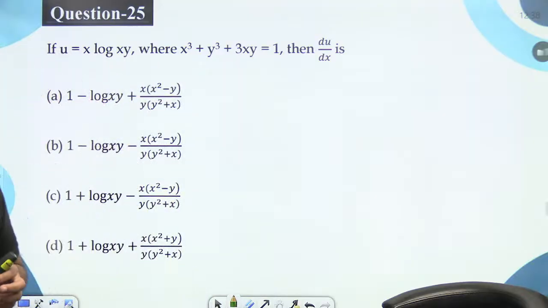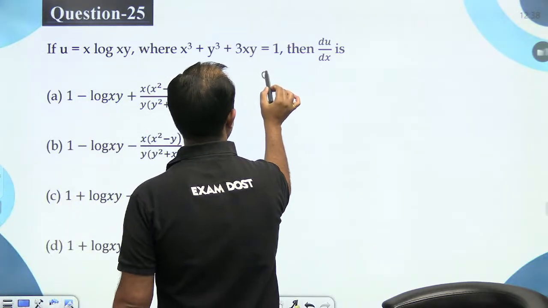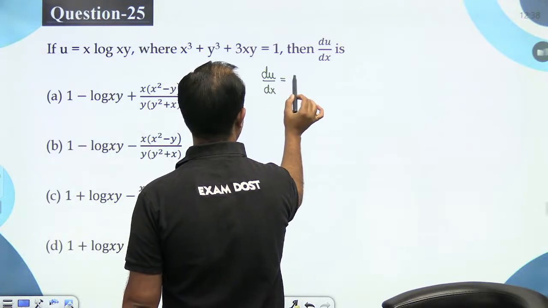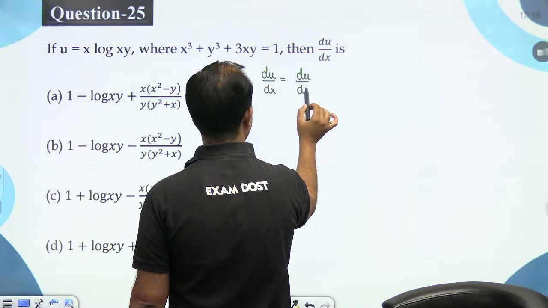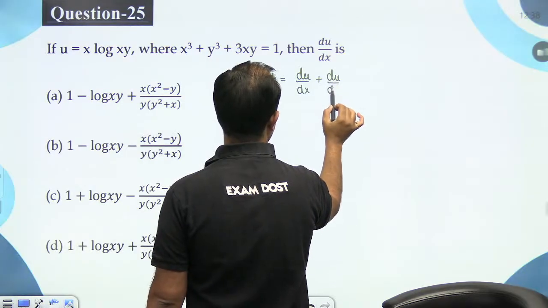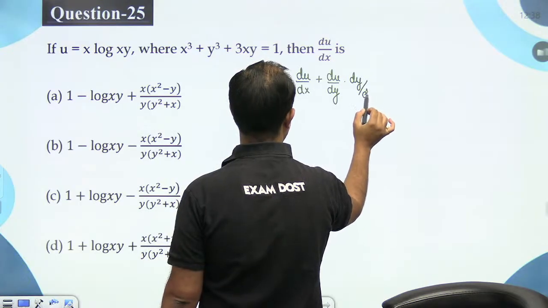If u is equal to x log xy, where the relation between x and y is given, du by dx, how do you calculate? Simply du by dx plus du by dy, dy by dx.